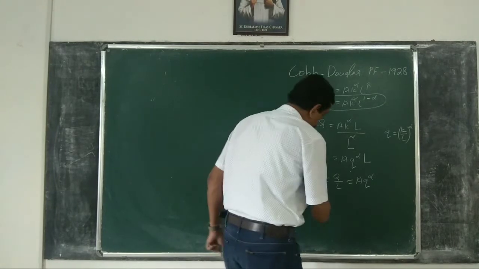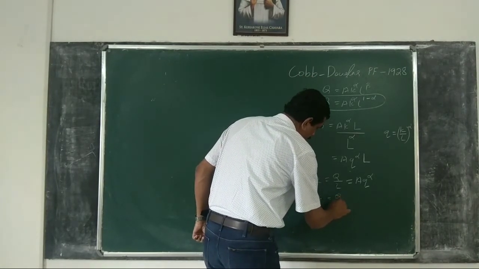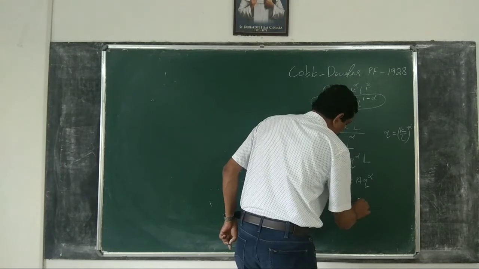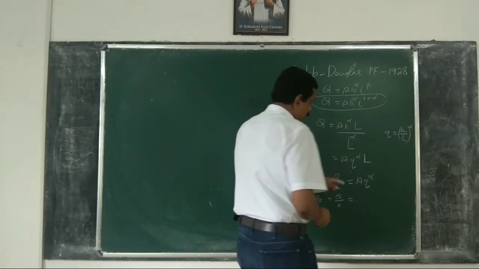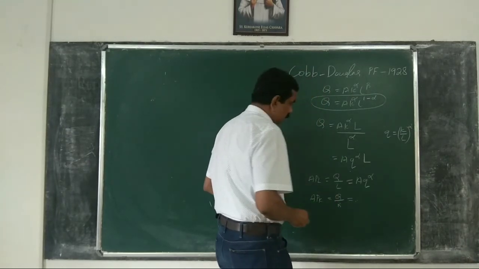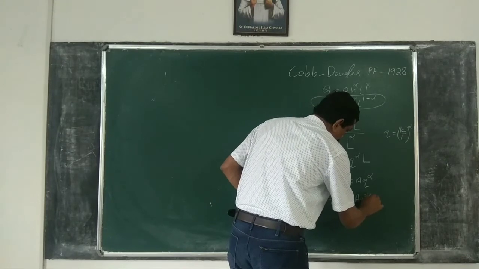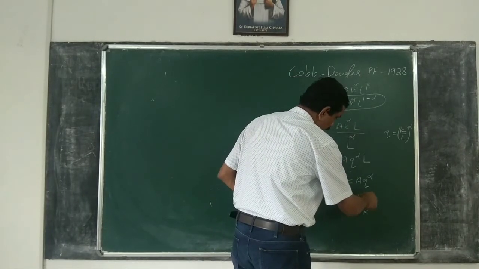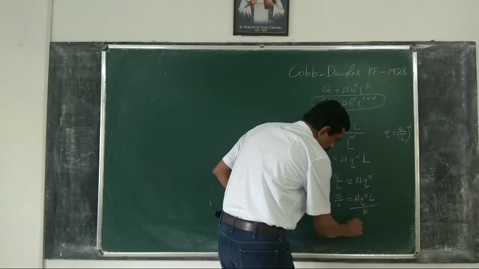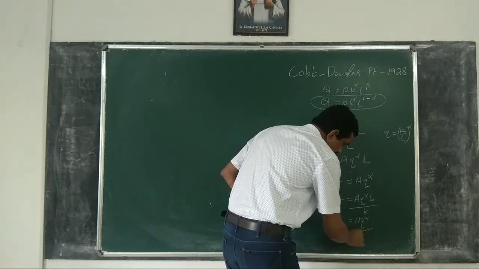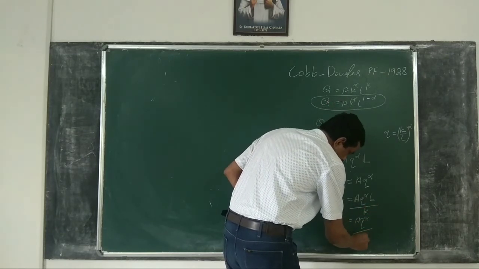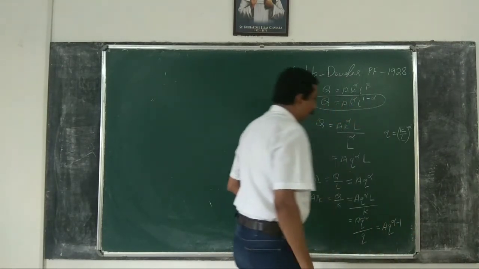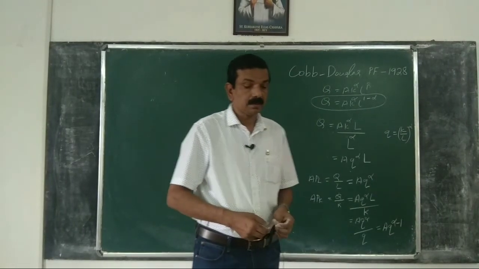What is APK? APK is equal to Q by K. So, A Q raised to alpha L by K, because this is Q. A Q raised to alpha L by K is equal to A Q raised to alpha, and L by K becomes Q by L. So it is equal to A Q raised to alpha minus 1.